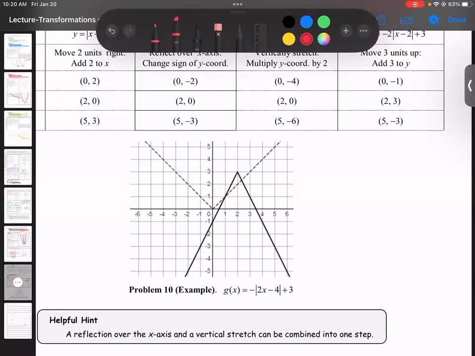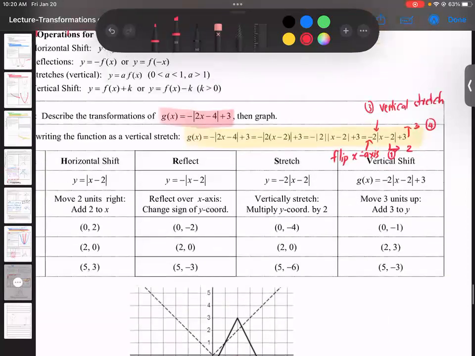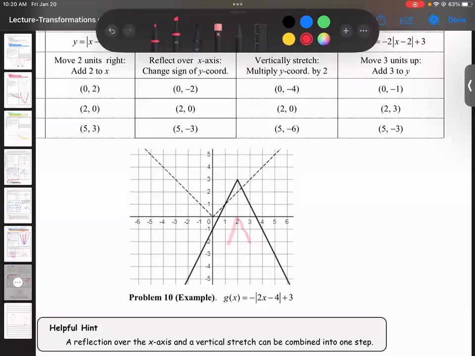It's not a big deal. If it's stretched, then it gets skinnier, so it's going to be like that compared to the parent. And then the last step, you move up 3. So you pull the little pointy point up 3 units. There you go, your final graph. See, it's skinnier than the parent graph. It just grows faster.